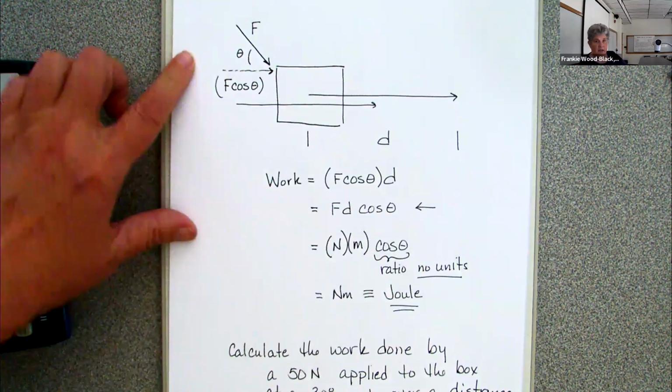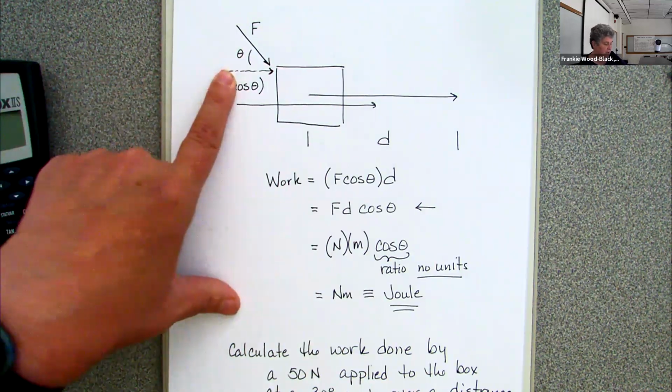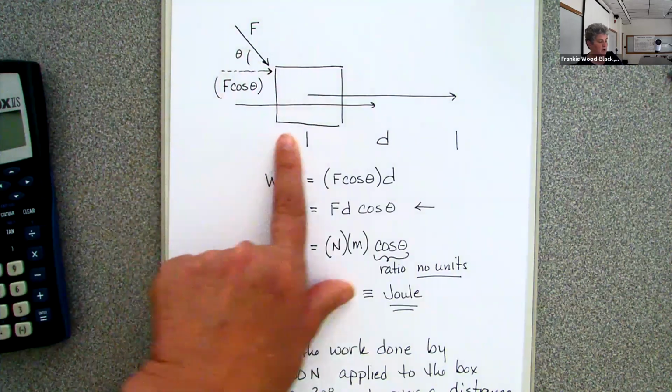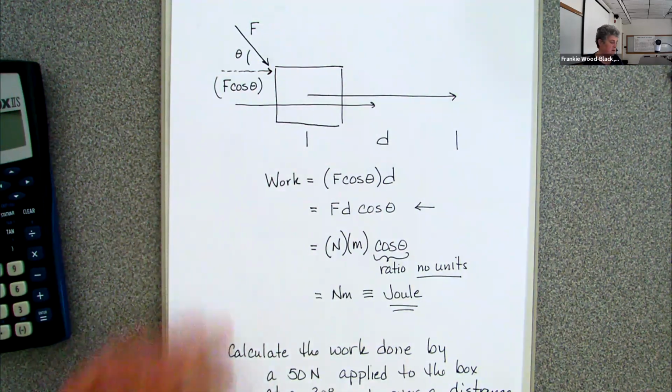If we give this a 50 newton force, our angle is 30 degrees, and we're going to go over a distance of 10 meters.